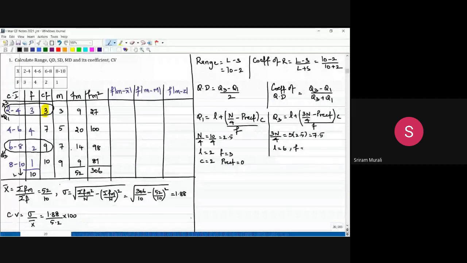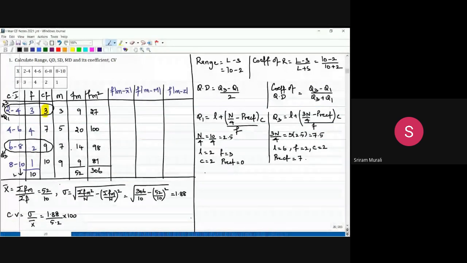What is C? What is pre-CF? 7. So substitute, you will get the answer. Substitute this Q1, Q3 in the coefficient of QD, you will get that. I am not working this out, so take it as a homework exercise.